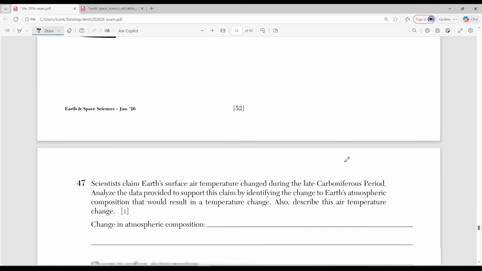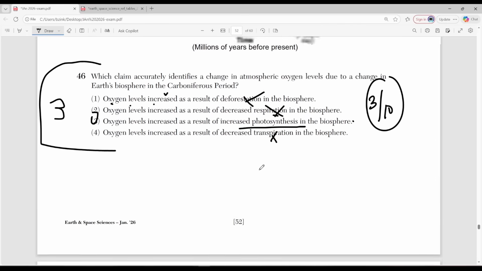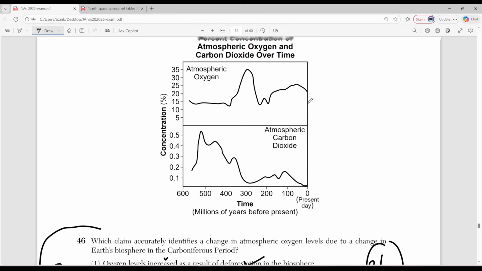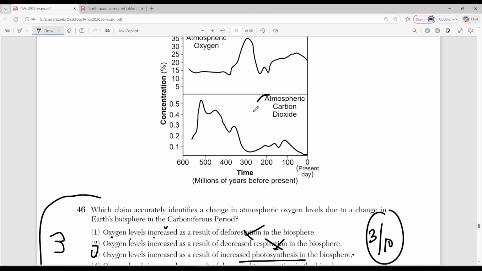Good job. Scientists claim Earth's surface air temperature changed during the late Carboniferous period. Okay. Analyze the data provided to support this claim by identifying the change to the Earth's atmospheric composition that will result in the temperature change. Also describe the temperature change. So does it tell you what happened to the change? No, it's saying carbon dioxide levels dropped, right?